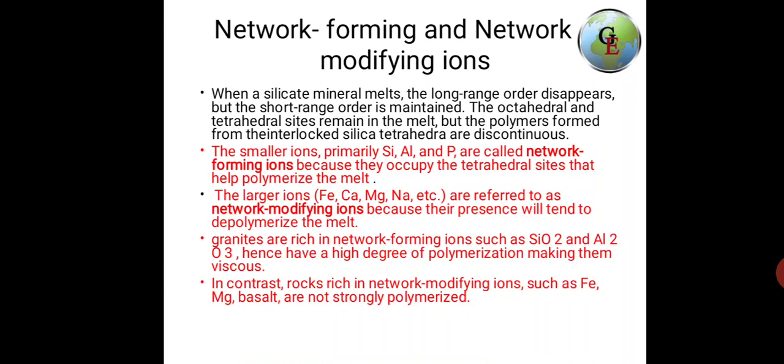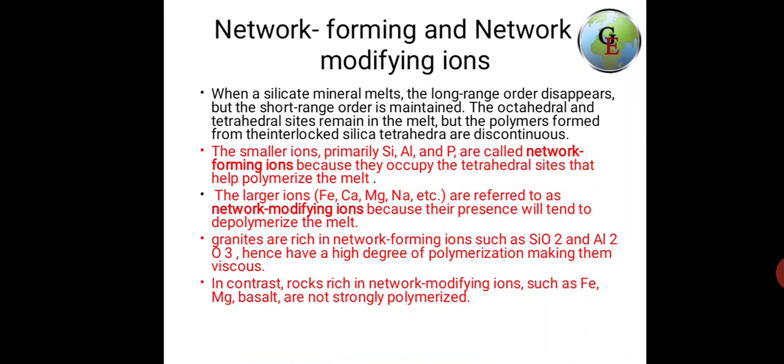Then we'll discuss network forming ions and network modifying ions. When silicate minerals melt, the long range atomic order disappears, but the short range order is maintained. So the octahedral and tetrahedral sites remain in the melt, but the polymers formed from the interlocked silica tetrahedra are discontinuous.